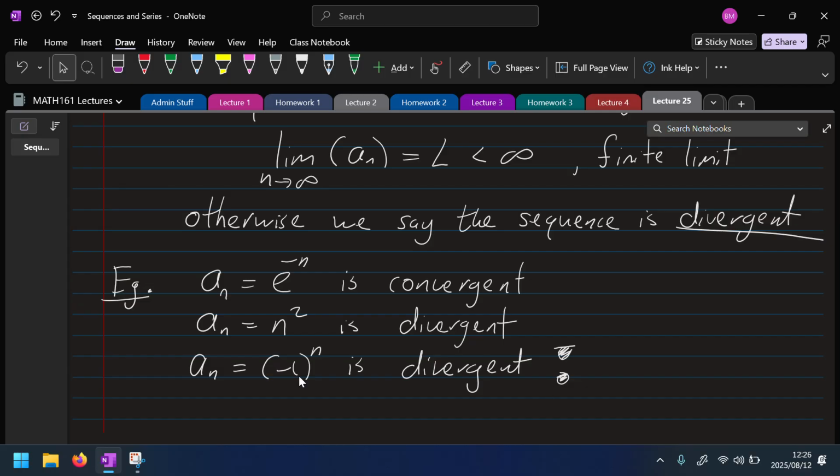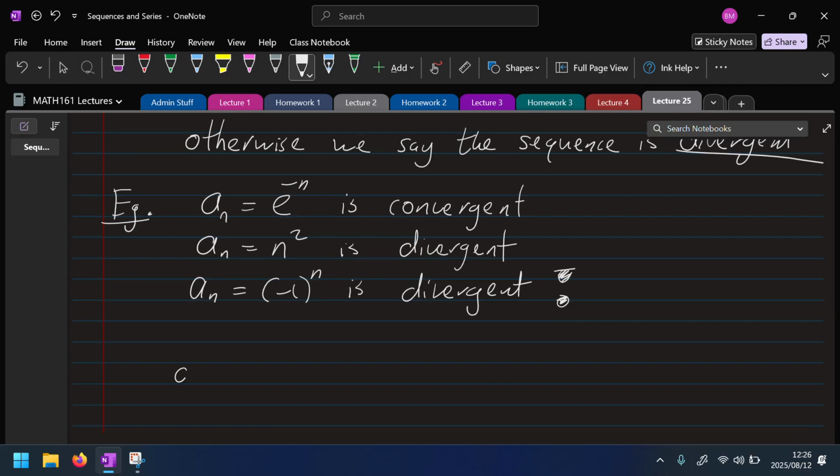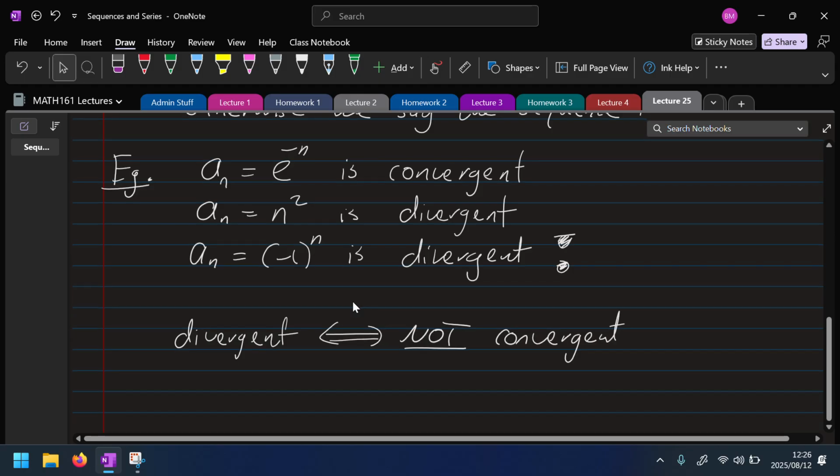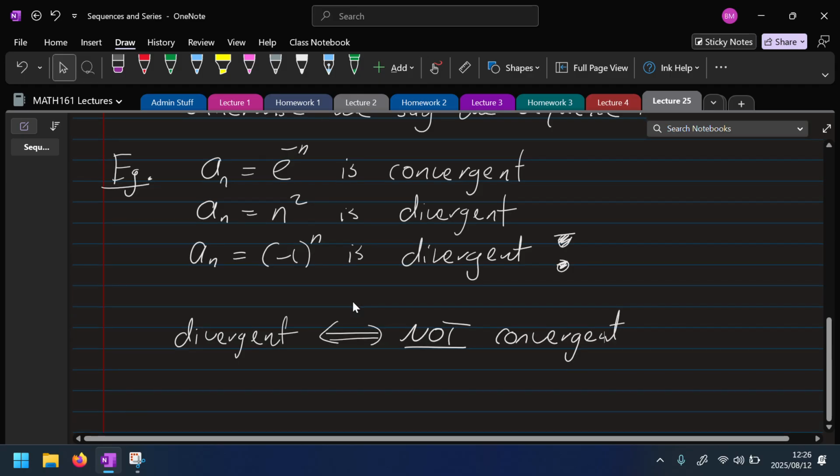Divergent doesn't always mean going to infinity. Divergence is the same thing as saying not convergence. So alternating sequences are also divergent from this definition. Any other questions?